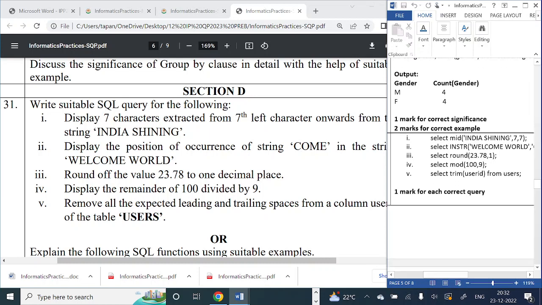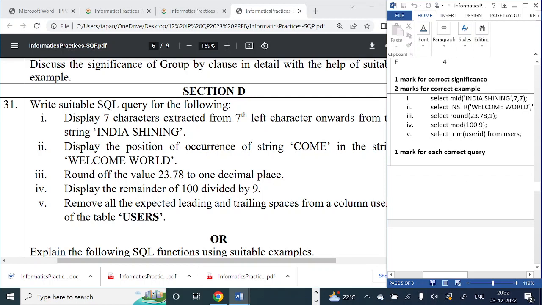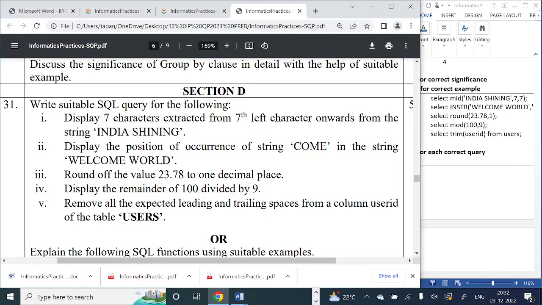Now section D is of 5 marks. You can see here first is the MySQL function they have given, single line function, 5 marks. Write suitable SQL query for the following. Display 7 characters extracted from 7th left character onwards from the string India shining.